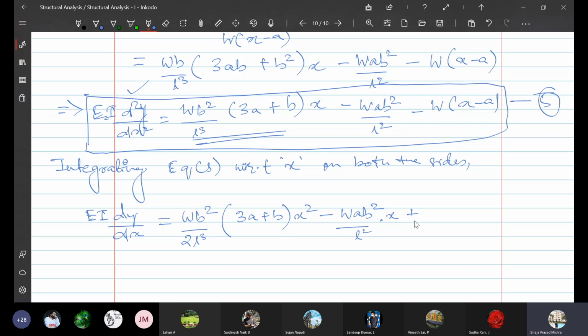Plus, what will be this value? Who can tell? Anyone?